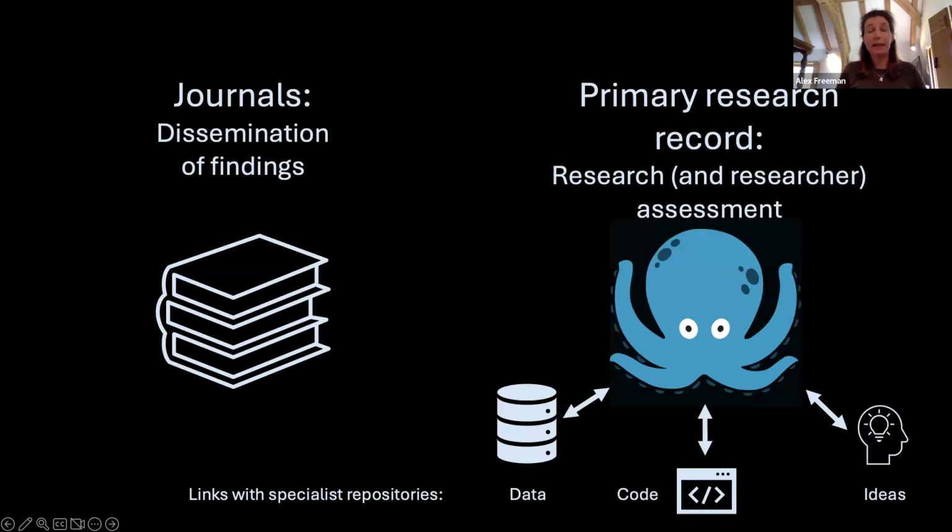So you can use it a bit like structured supplementary information to a journal article. But you can also use it to help create your open research workflow in the first place. And that's because of the way it's structured. So I'm going to go through how it's structured now to show you how it supports that workflow.